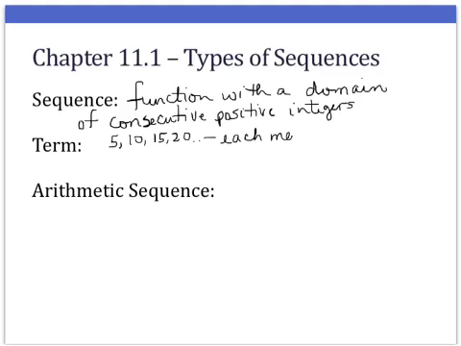The notation we use for that is the letter T with an N or a 1. The N shows any number, but this would be the first term. So whichever number you put next to your T tells you what position. So T sub N would be the nth term.